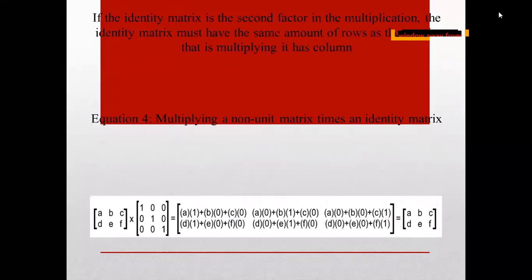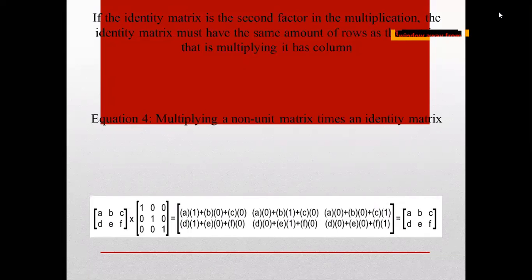The second rule: if the identity matrix is the second matrix, then it must have the same number of rows as the columns of the matrix it is multiplying.